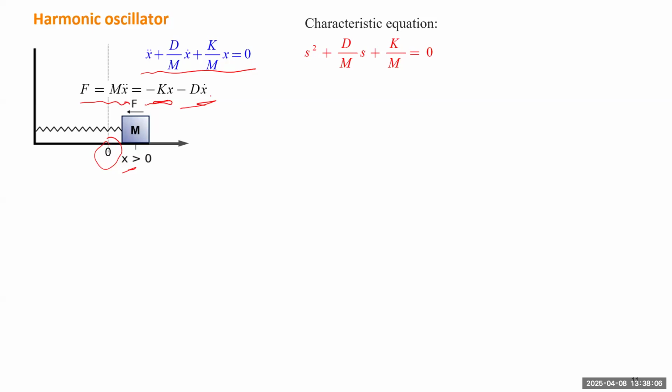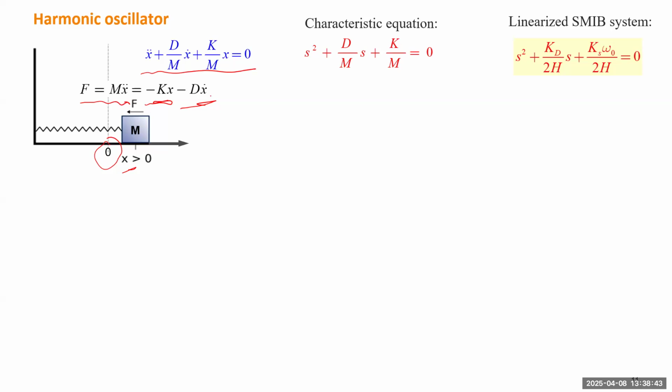The characteristic equation of this system will be this one. If you compare it to the characteristic equation of the linearized single machine infinite bus system, they look very similar. The m is the mass of that object; for the single machine infinite bus system it will be 2H. 2H is actually the time constant: you need to speed up the generator from zero speed to the nominal speed at the rated power.